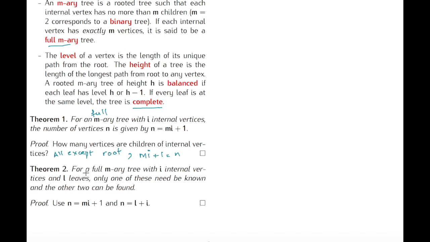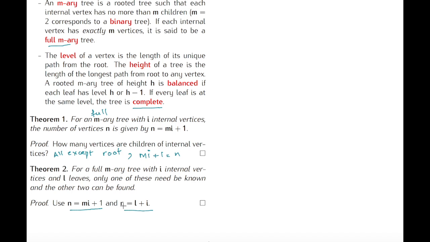Similarly, for a full m-ary tree with n vertices, i internal vertices, and l leaves, only one of these needs to be known and the other two can be found. All we have to do is use this equation and this equation. How does this equation come into being?